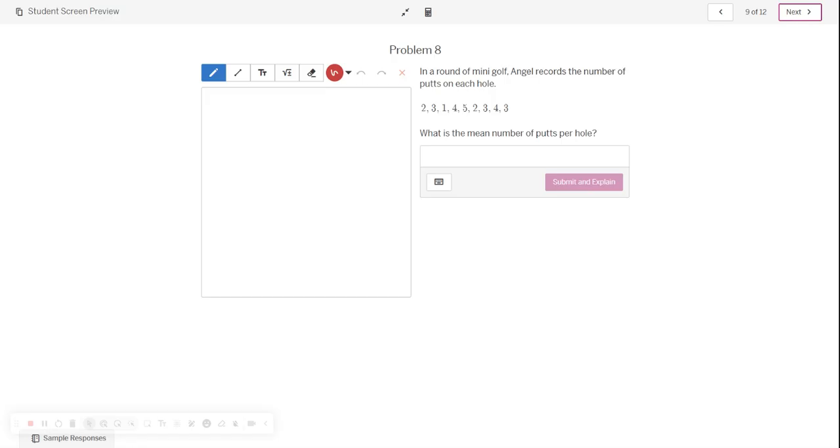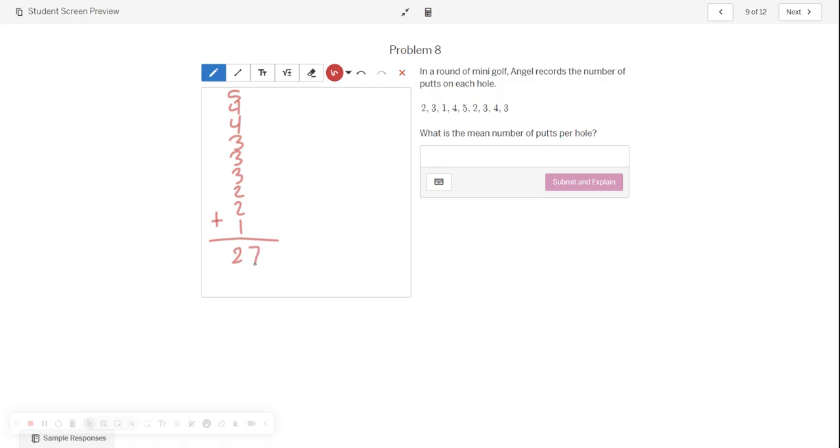Round of mini golfing again, I would put these in number order, but I'm going to put the smallest on the bottom. I would get a 1, 2, 2. There's 3 3s, a 4, 4, and a 5. I add all of those up, and I get 27.